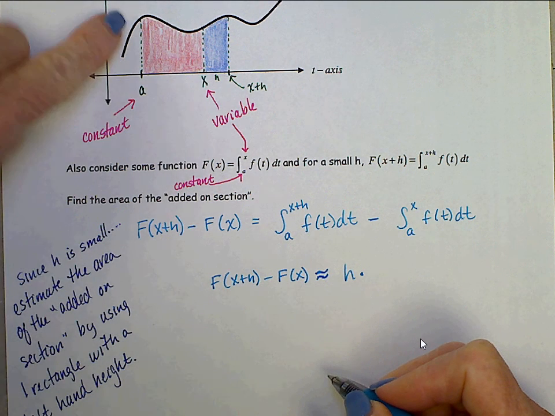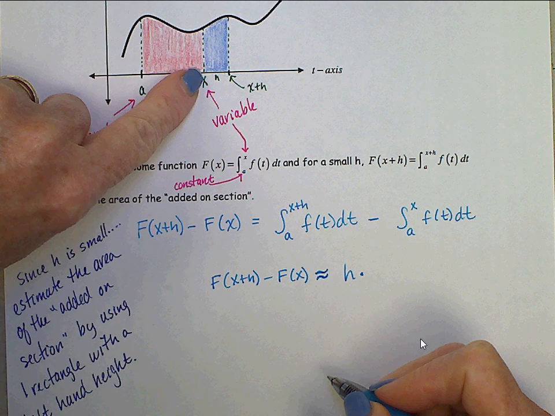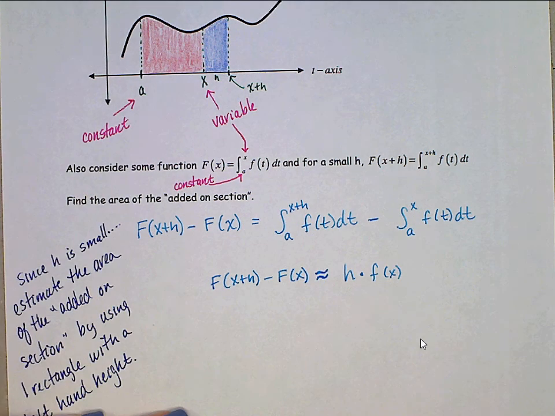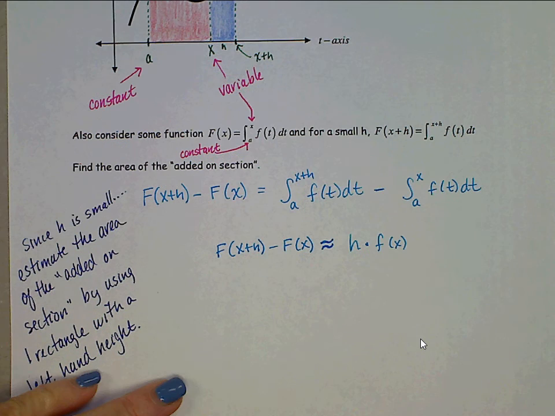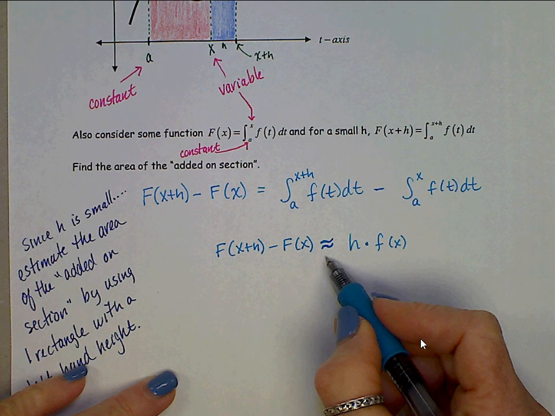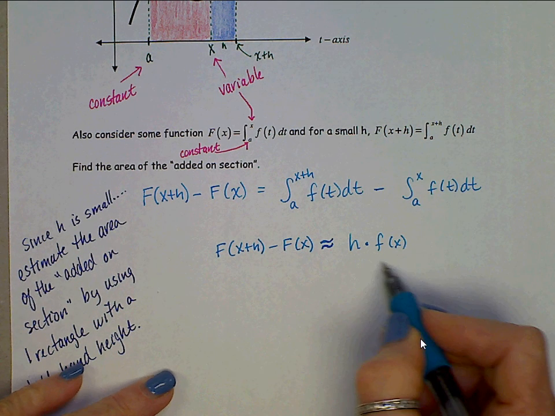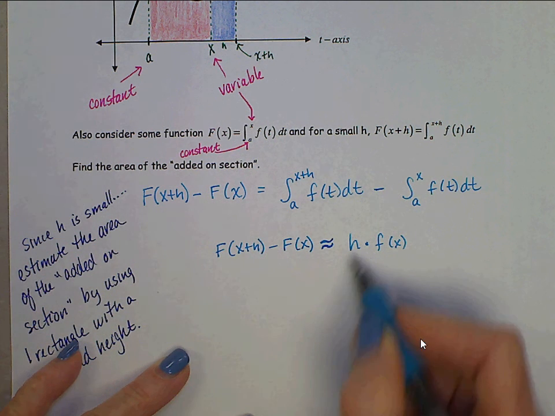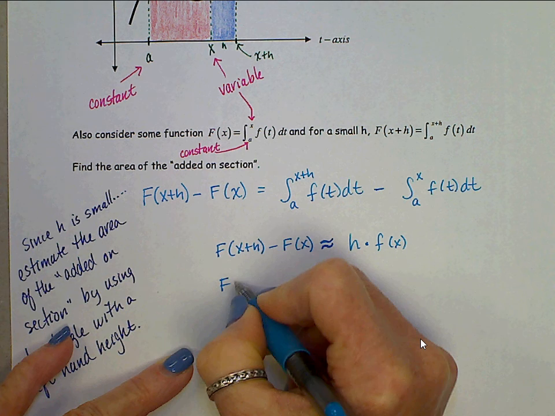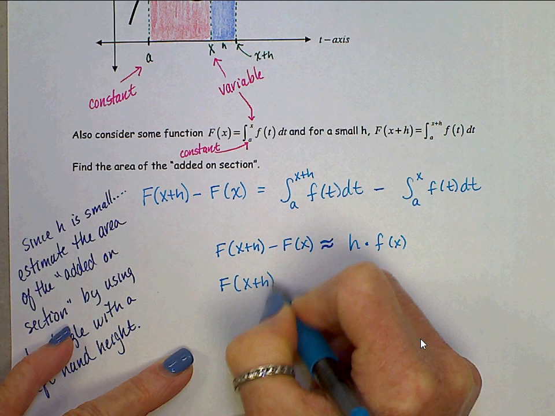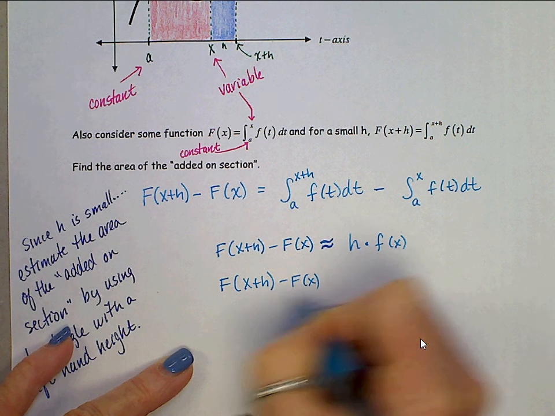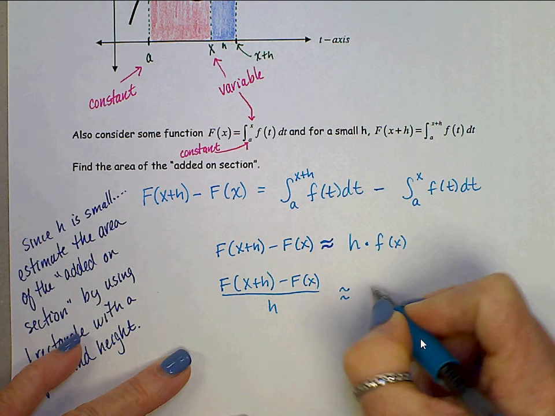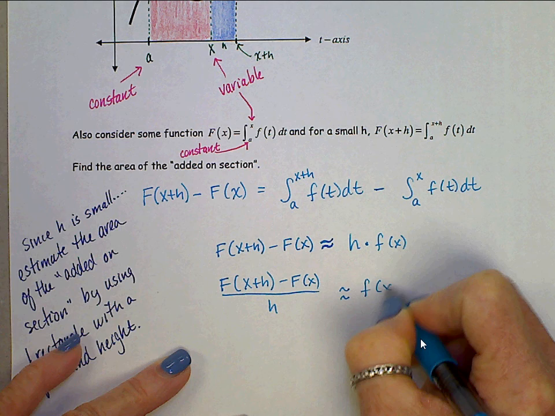Its height is this f function where we plug in an x. Let's go ahead and divide both sides by h. So we have big F of x plus h minus big F of x all over h, which is approximately equal to f of x.